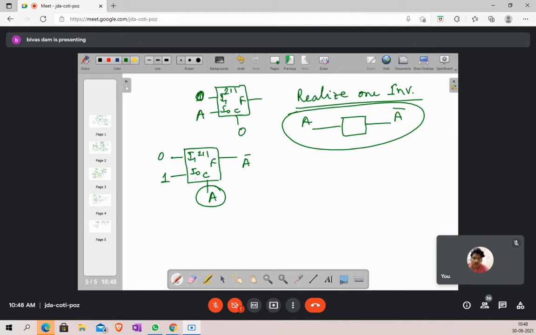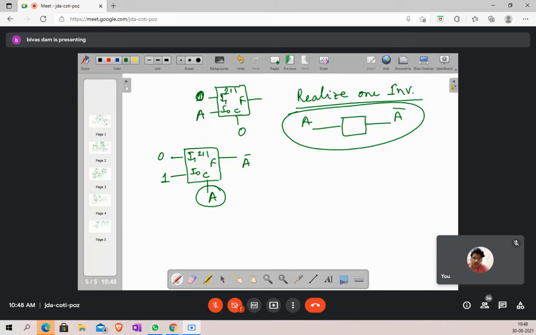Similarly, when A is 1, C is 1, and as C becomes 1, I1 gets transferred to output F. So whatever the required output is, you must connect it to the I1 input line.